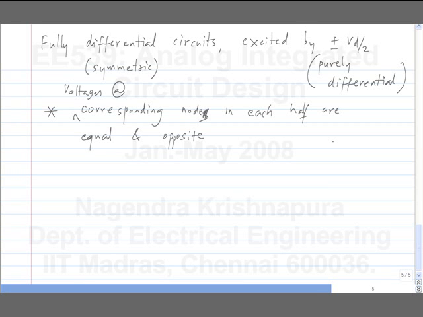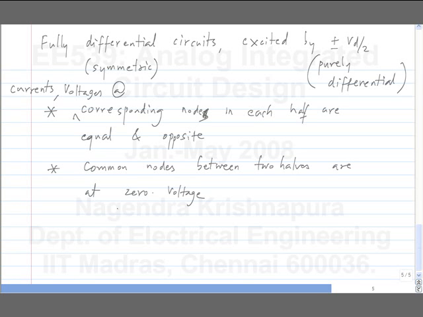If you look at corresponding branches between the two halves, if one of them has an upward current of some magnitude, the other one will have a downward current of the same magnitude. So it is not just voltages, it's currents and voltages. And if you have common nodes between the two, okay.